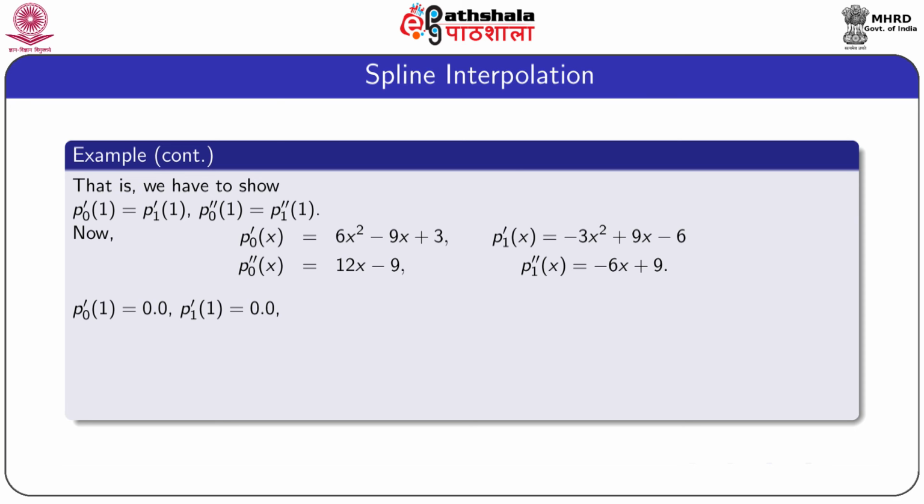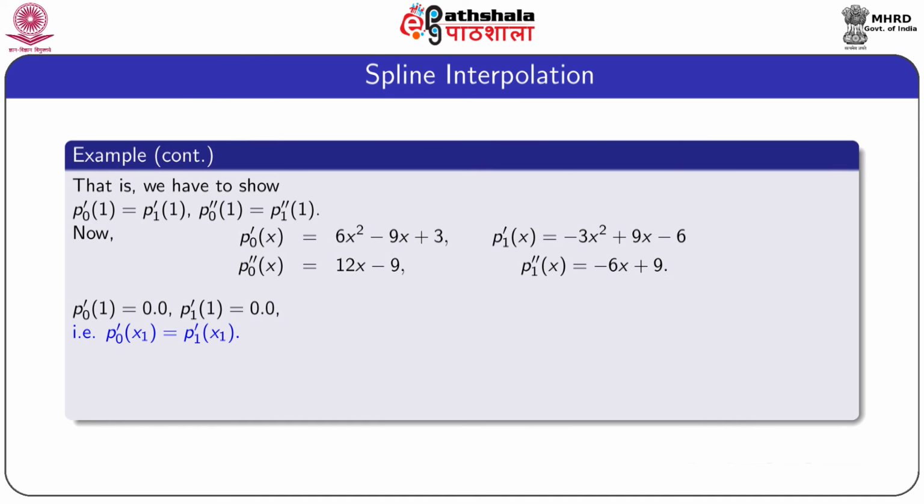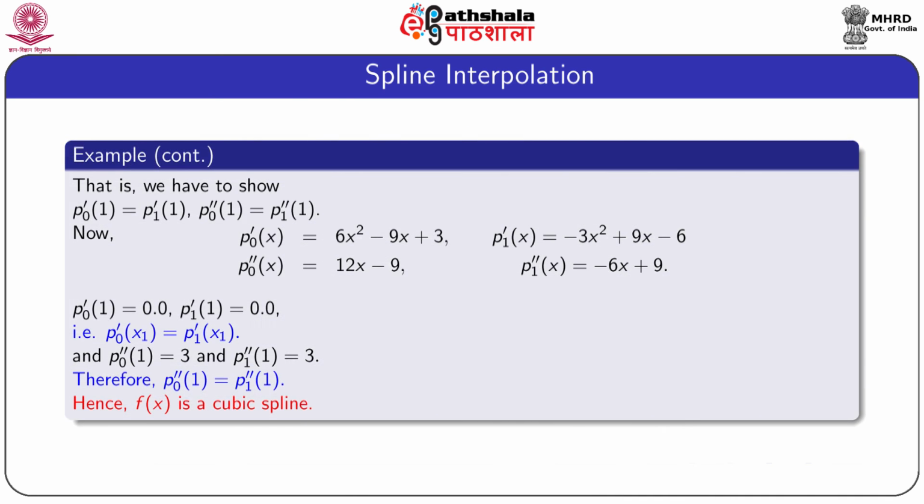Therefore, the first derivative of p0 at 1 equal to 0, this is easily obtained, and the first derivative of p1 at x equal to 1, this is also 0. That means, we can say that p0 dash at x1 equal to p1 dash at x1, one condition is satisfied, and p0 double derivative at 1 equal to 3 and p1 double derivative at x equal to x1 is also equal to 3.